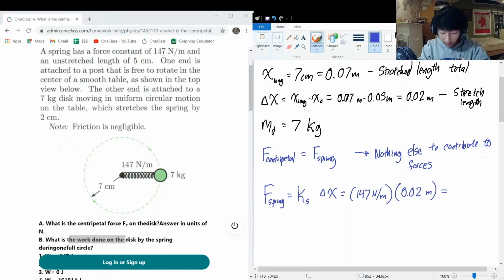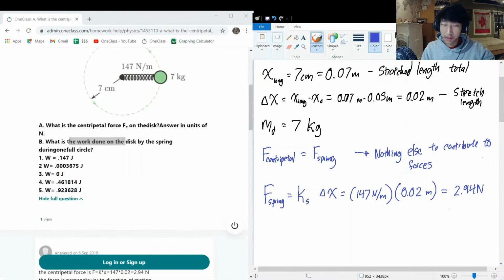So we can run this calculation fast. 147 multiplied by 0.02, and we get 2.94 newtons. And you can see how the meters on the length neutralize the meters in newtons per meter.